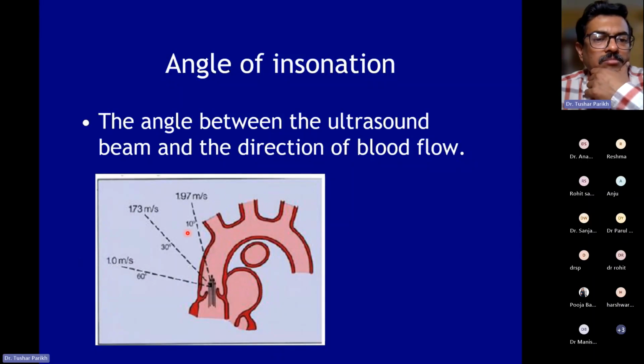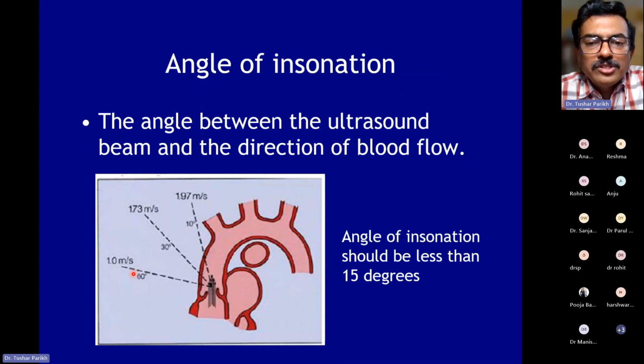So if the angle between the velocity of the blood, or direction of the blood, and ultrasound is 60 degrees, the velocity will be seen as 1 meter per second. So basically, an angle of insonation of less than 15 degrees is an acceptable angle. Always, when you're doing Doppler assessment of a blood velocity, try and align the Doppler beam with the velocity of the blood.